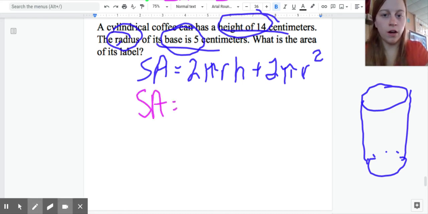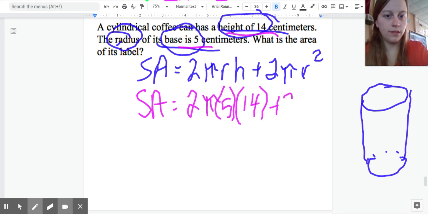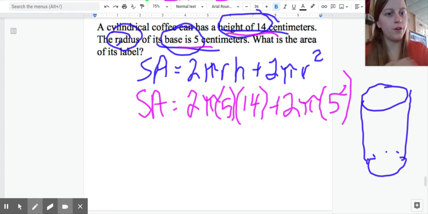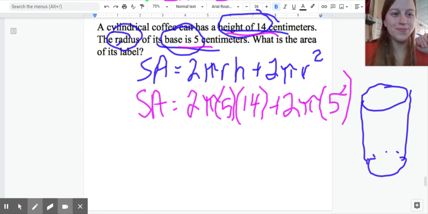So our radius, it says here, is 5, and our height is 14. Plus 2 pi, and again our radius is 5 squared. And you solve exactly like we've been doing in the last couple examples. Go ahead and continue solving this problem. We'll pause the video while you work.